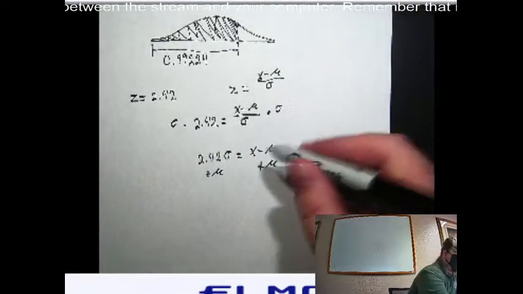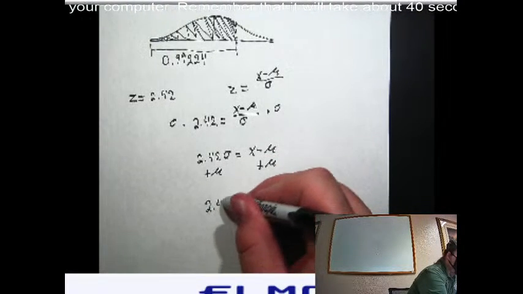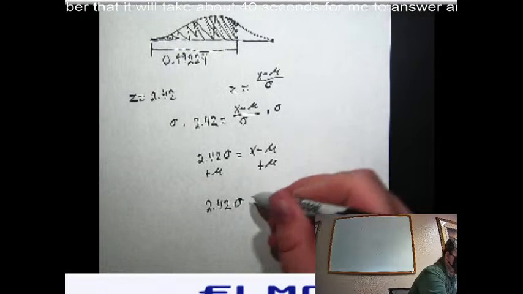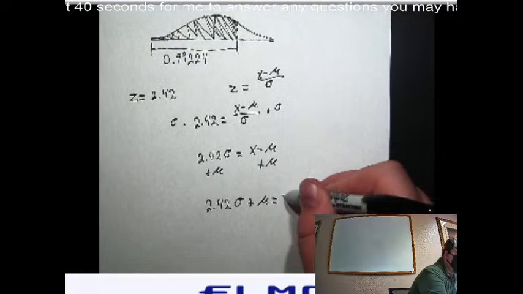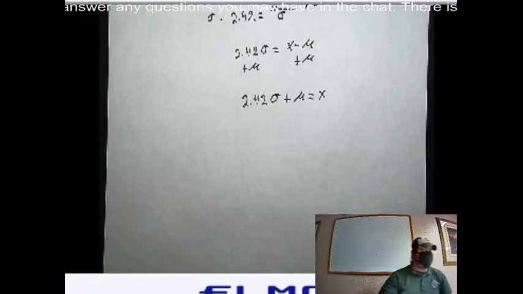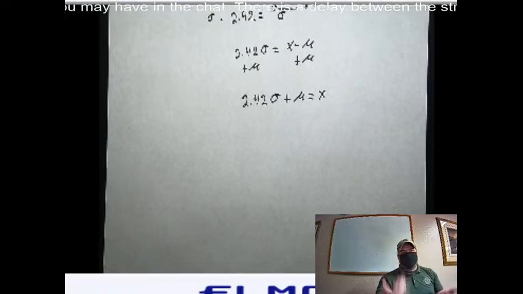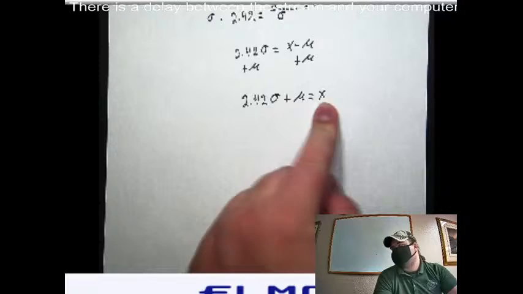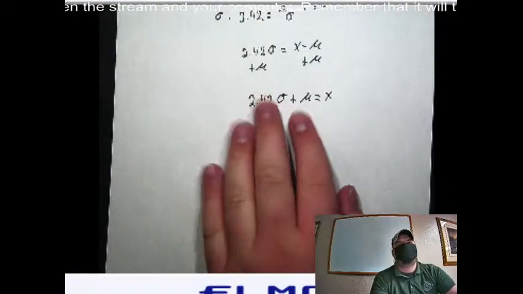Okay, so that's going to cancel there and give us 2.42 sigma plus mu equals x. And this is as far as we can go. Again, if we knew sigma and mu, then we could plug those in right here and here and get our x. But in this case, we don't know them. So this is as close as we can get.